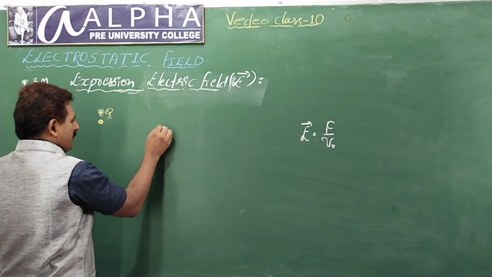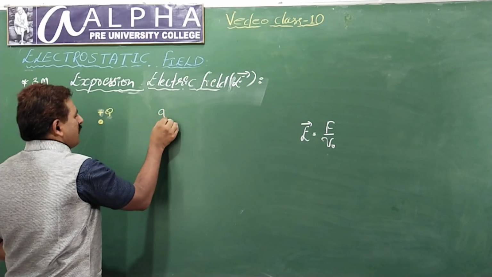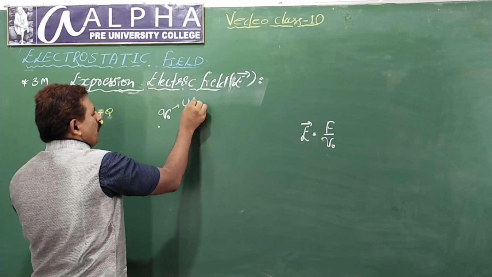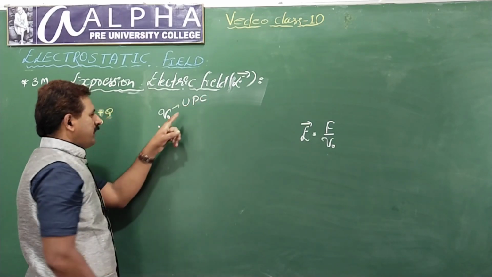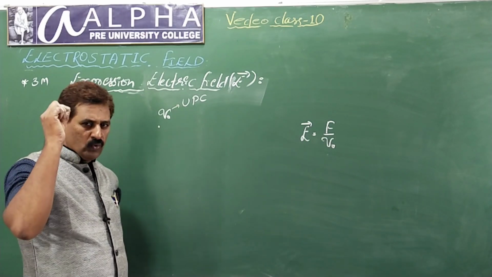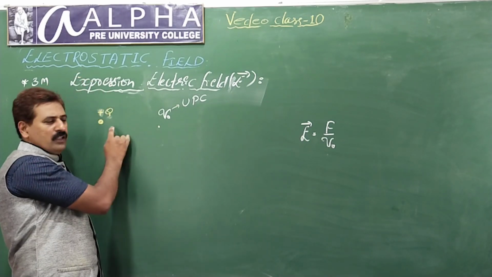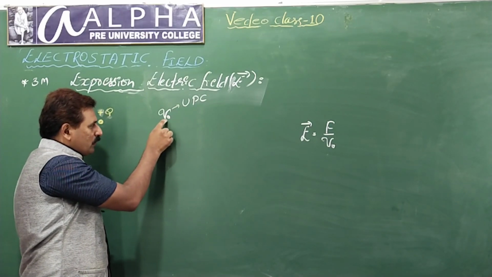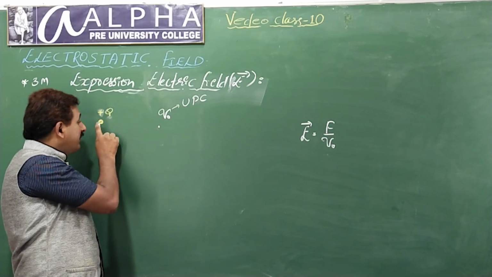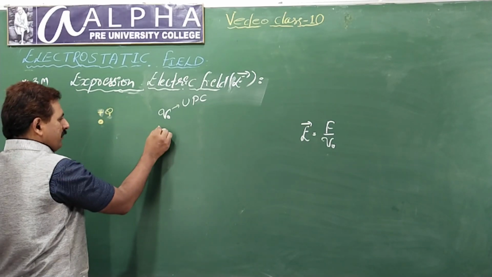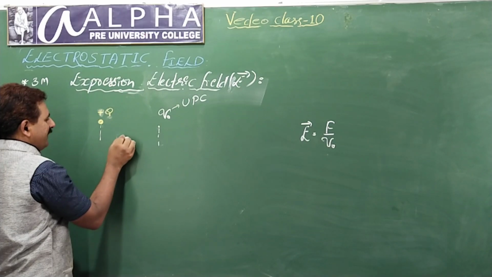Bring another charge, a test charge: a unit positive test charge, UPC. What is unit? So small in front of Q that the presence of Q naught does not affect the influence produced by Q. Separation between these two is, say, R.